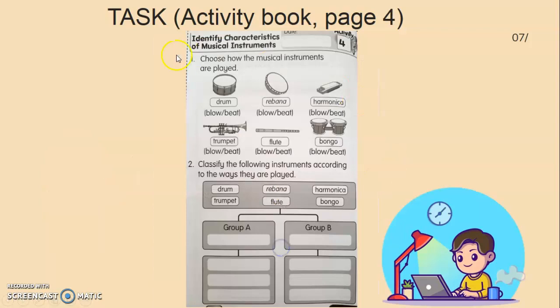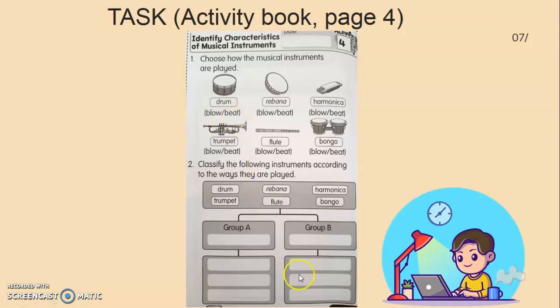Okay? Now your second task, activity book, page 4. Identify characteristics of musical instruments. Choose how the musical instruments are played. Macam mana ia dimainkan. It's stated here already. Blow, tiup, beat, ataupun dia ketuk.